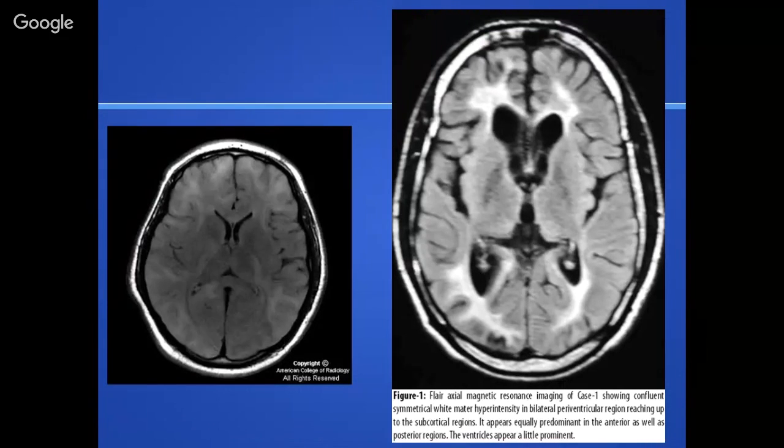This is what an MRI looks like in a patient with subacute sclerosing panencephalitis. There's a lot of subcortical swelling, especially noted on the FLAIR MRI sequence, where you see a lot of juxtacortical, subcortical white matter edema or leukoencephalopathy.